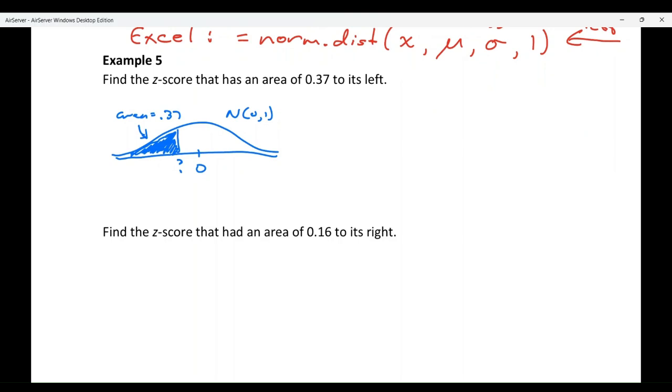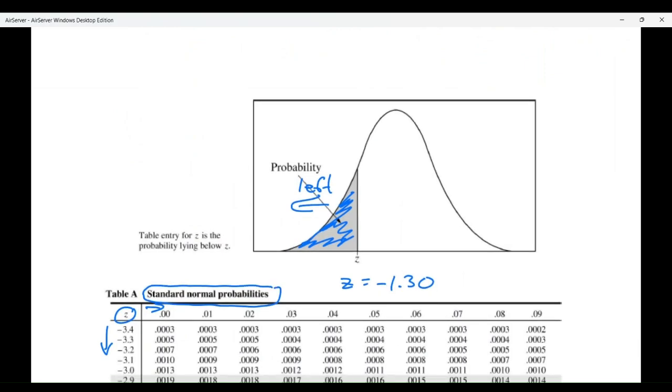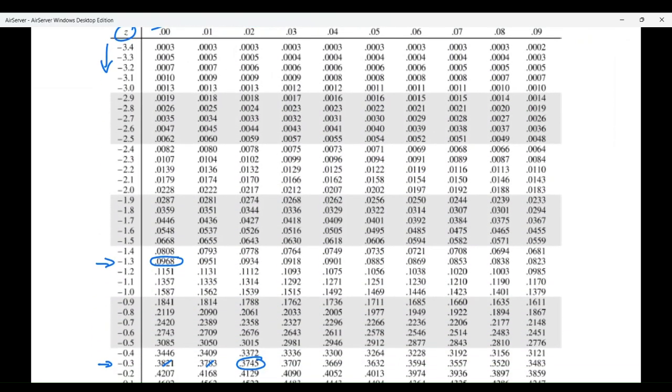So in this case, if we go to the chart, I'm looking at the body for 0.37 and then cross-referencing the z-score for that. I'm just looking for the number closest to 0.37.